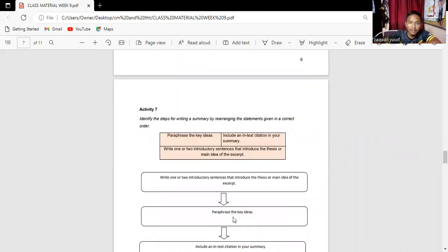Okay, next, activity 7, identify the steps for writing a summary by rearranging the statements given in the correct order.